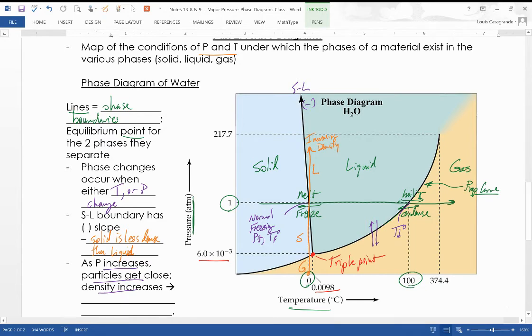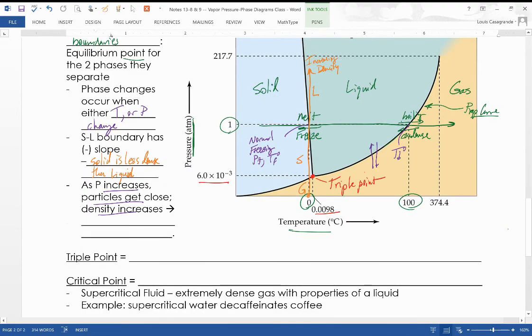The triple point is a special point. As the particles get closer together, the density increases, and as I said, the liquid has a higher density than the solid. And again, that's pretty unique for water.